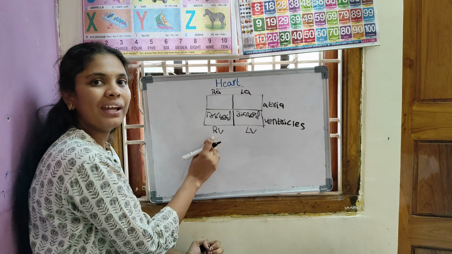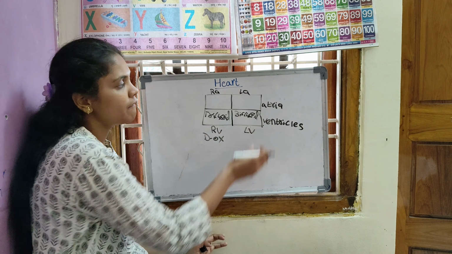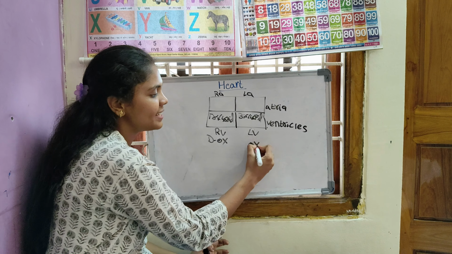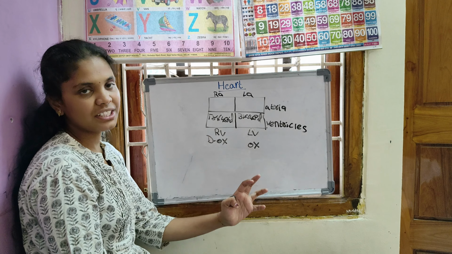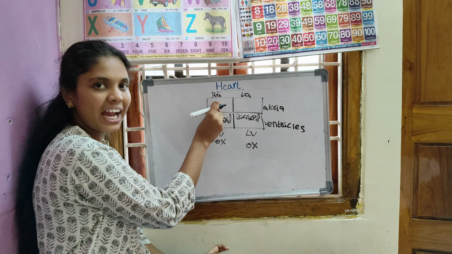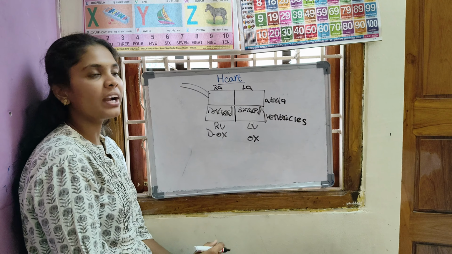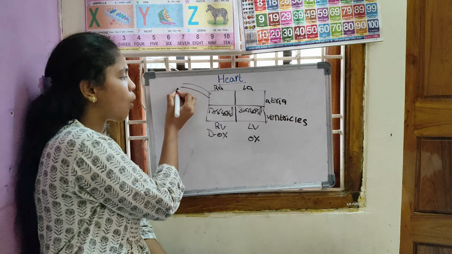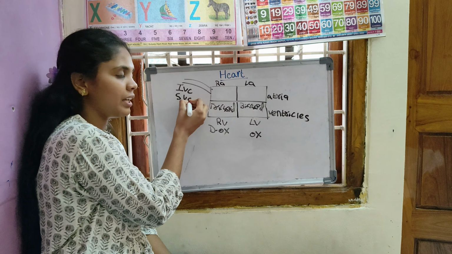The right side always carries deoxygenated blood, whereas the left side carries oxygenated blood. And how this oxygenated and deoxygenated blood is carried, we'll see now. Towards this right atrium, some blood vessels open, called the inferior vena cava and superior vena cava.